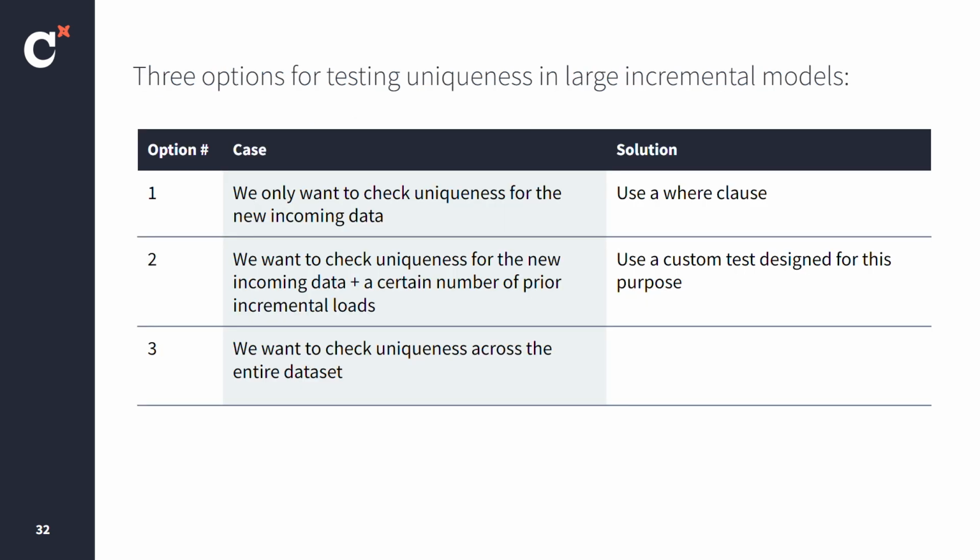Last but not least, suppose that what you really think is super important is to check uniqueness across the entire data set. So you're going to check all of the rows in your data set for uniqueness. In that case, we have a custom test for that too. Lots of custom everything. We are just going to turn up the warehouse size on the test, and we're going to run this test on a bigger warehouse because this is really important to us for whatever reason.